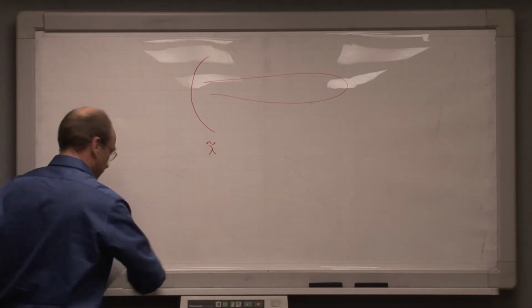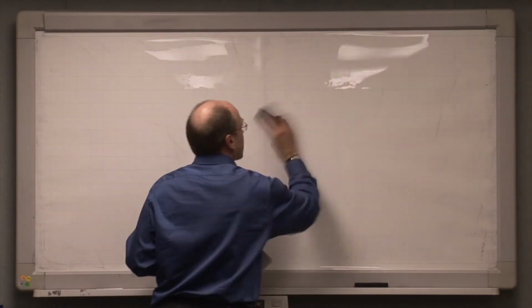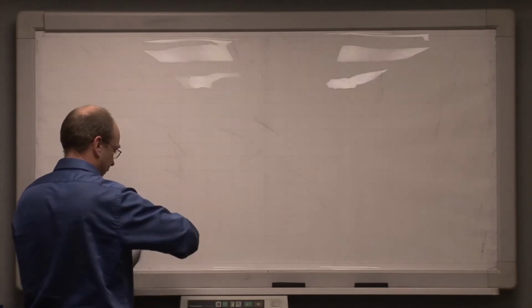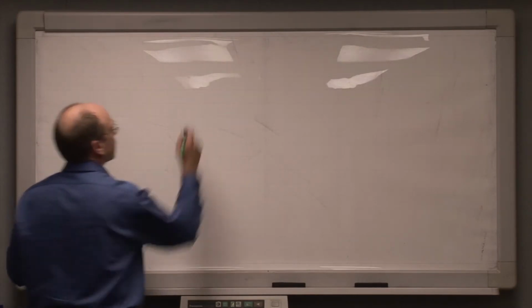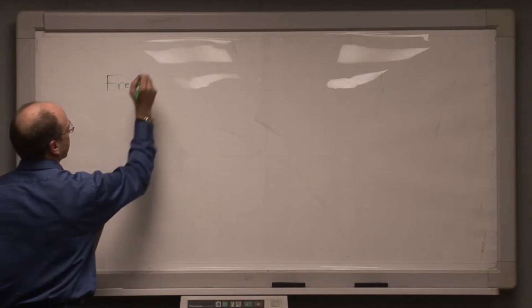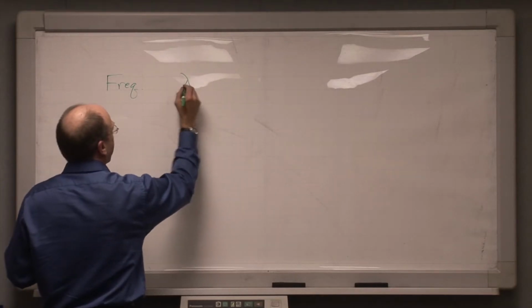Now, it's interesting, though, and informative, to have some idea of what these wavelengths are for electromagnetic radiation. So I'll do a little table here. We'll do frequency, and then we'll do lambda.